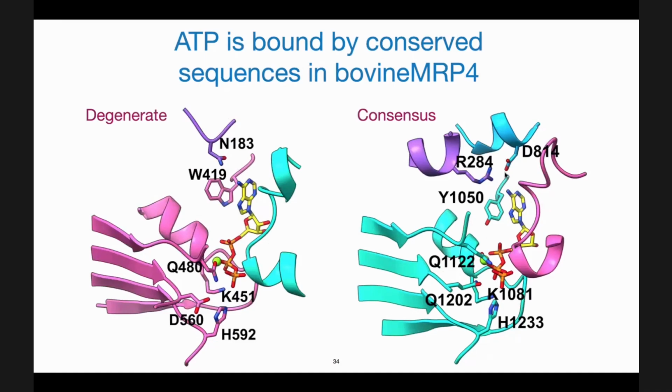Similarly, on the consensus site, the adenine ring of ATP is stacked against a tyrosine, and there are other positive K residues binding the phosphate groups. And here's the Q1202, which we used for the structure in the bound state. That's the EQ mutant, which is mutated in this state.